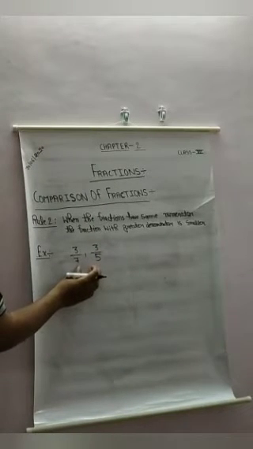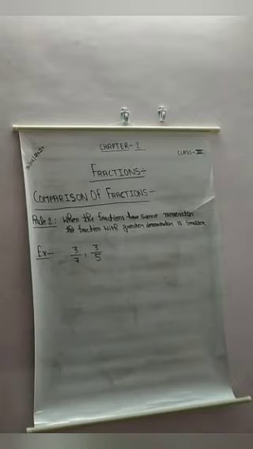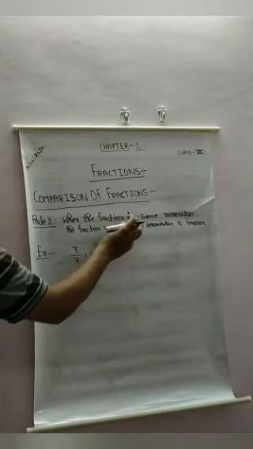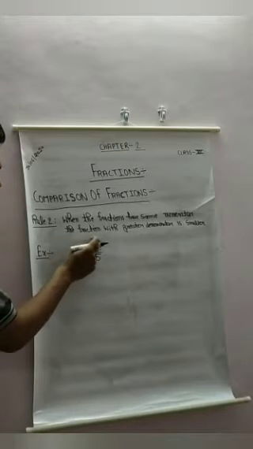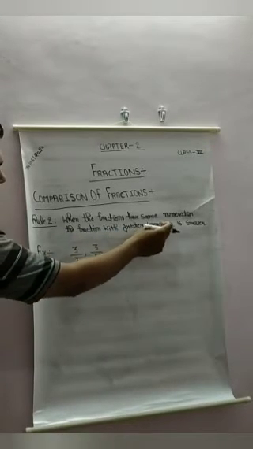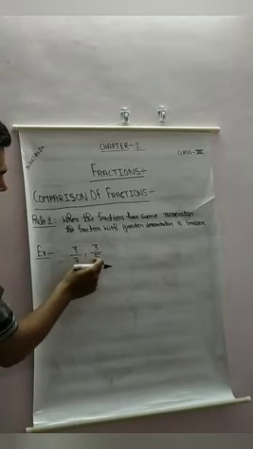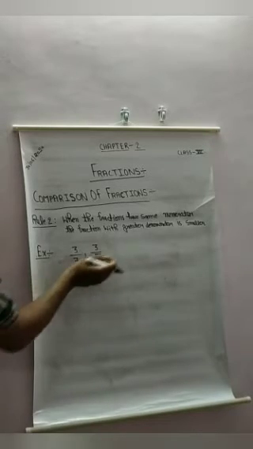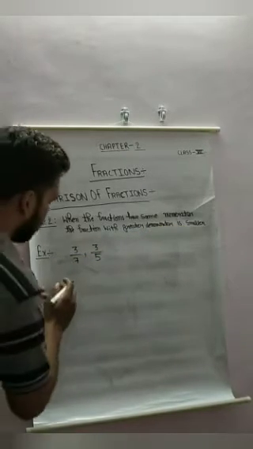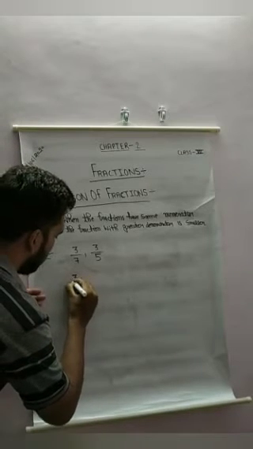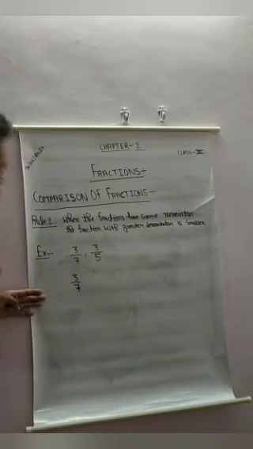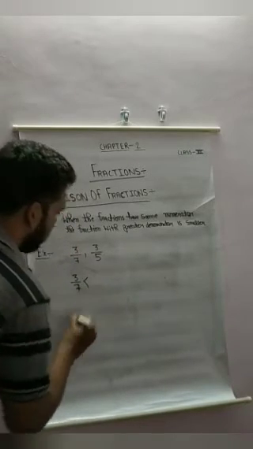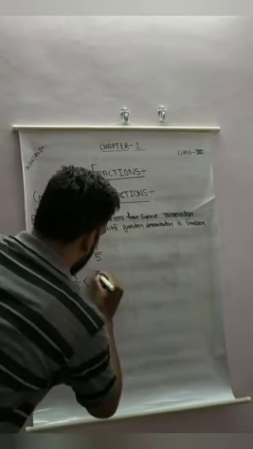How will we compare these fractions? The fractions have the same numerator. The fraction with greater denominator is smaller. So 3 upon 7 is smaller than 3 upon 5.